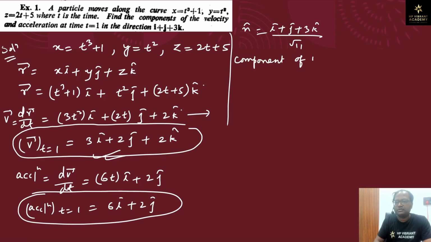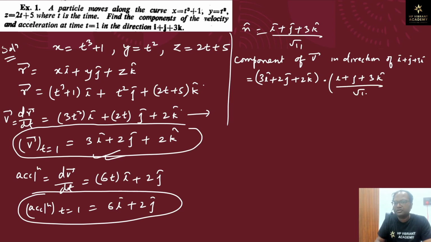Component of v in the direction of i cap + j cap + 3k cap is equal to (3i cap + 2j cap + 2k cap) dot (i cap + j cap + 3k cap) upon root 11. This is equal to (3 × 1 + 2 × 1 + 2 × 3) upon root 11, which is 11 upon root 11. This is root 11.